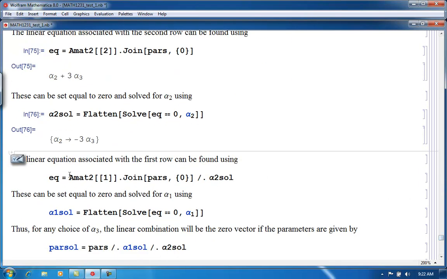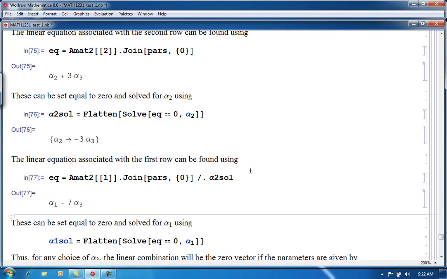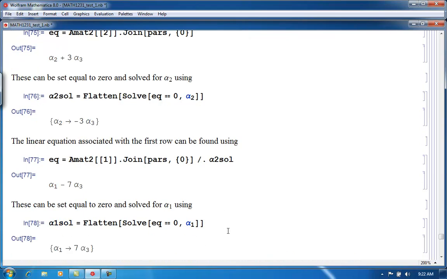And the linear equation associated with the first row can be seen by taking the scalar product of the first row with this vector here, and applying the solution for alpha 2, and that gives us that, and we can set that equal to 0 and solve it for alpha 1 equals that.